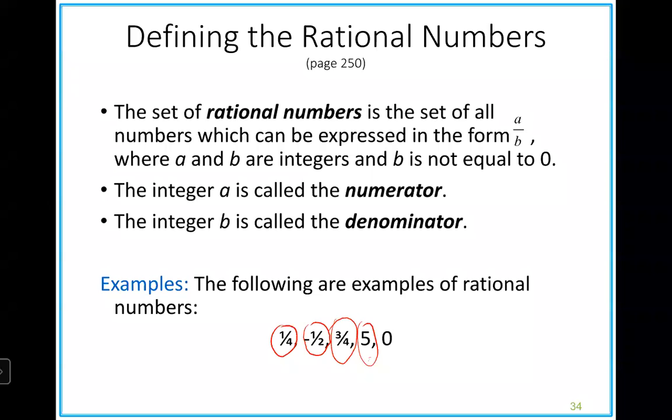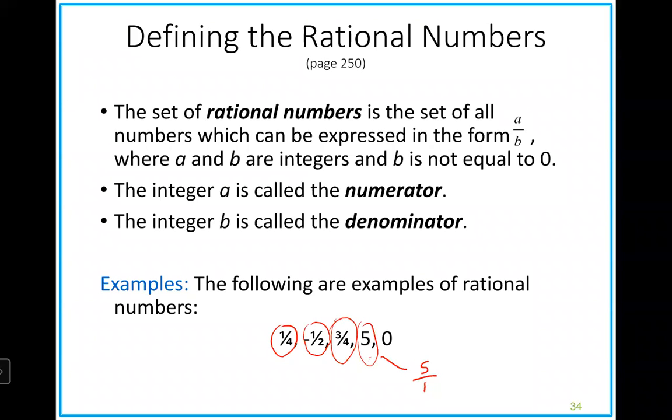Anybody? How could we express... Say that again. 1 over 5? Or 5? It's the other way around. 5 over 1. Okay, yeah, so 5 over 1 is the same as 5.